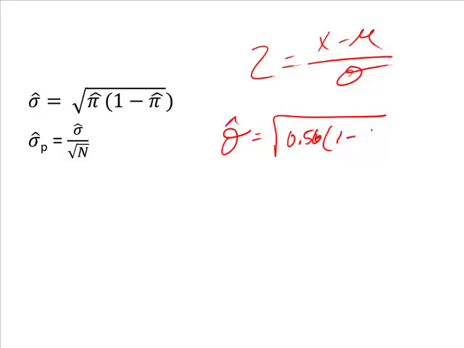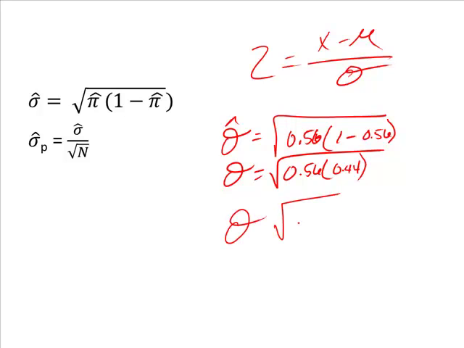Times 1 minus 0.56. Well, we already know that. 0.56 times 0.44. The answer is square root of 2464. Take the square root, not the square. Take the square root.